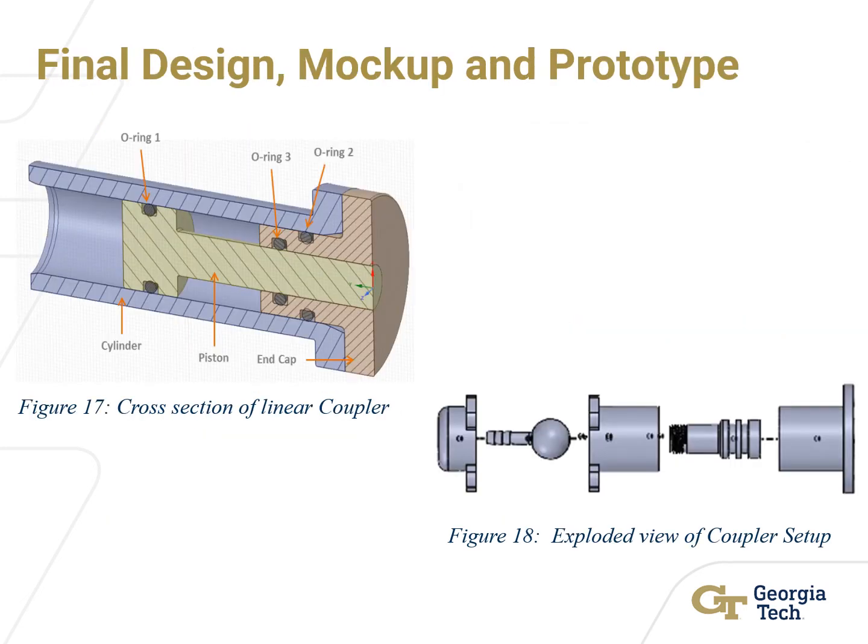Figure 17 shows a cross-section of the linear coupler, which demonstrates how the O-rings were used to ensure a tight seal, and figure 18 shows an exploded view of the module, which demonstrates how it was assembled.